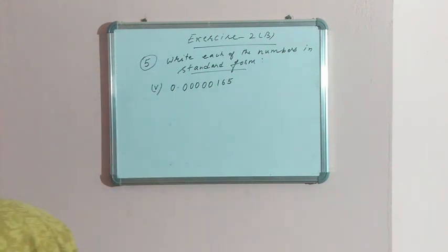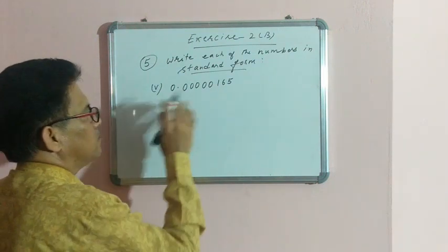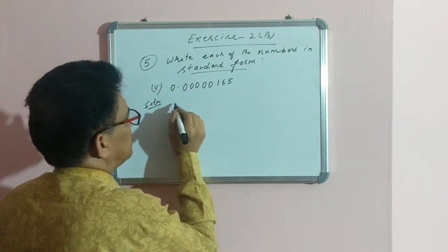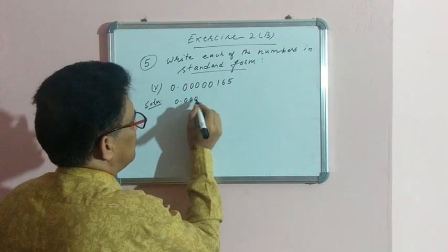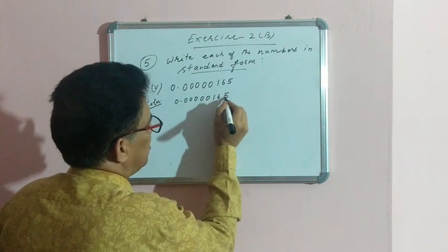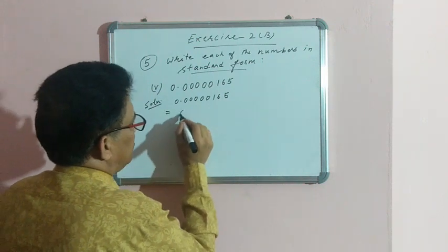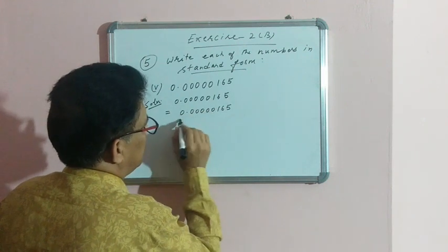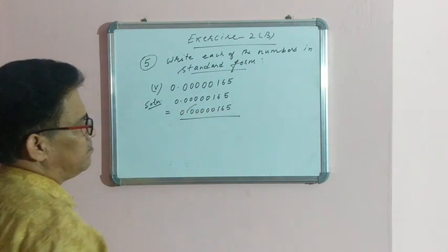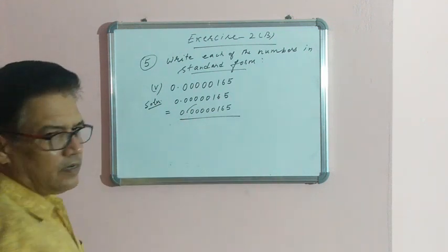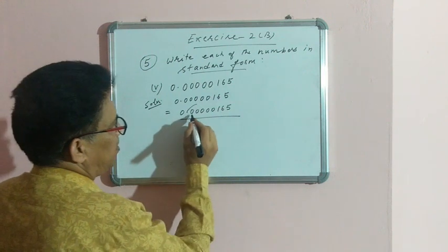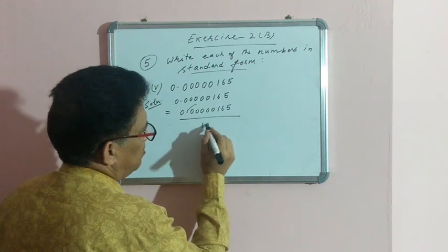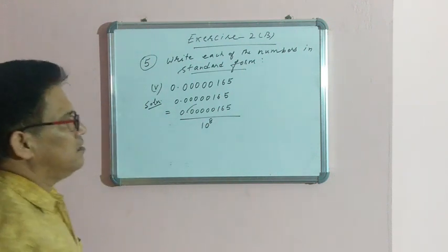So again we have to write this in standard form. We will remove this decimal sign. Then how many places are there after the decimal sign? Count it: 1, 2, 3, 4, 5, 6, 7, 8. So 10 power 8 will come at the denominator.